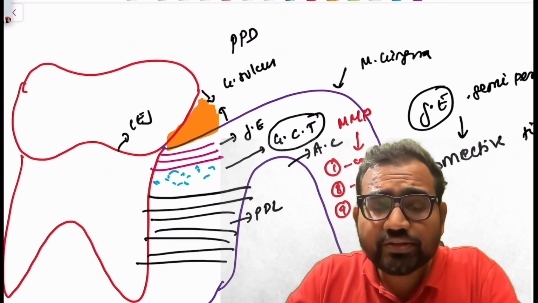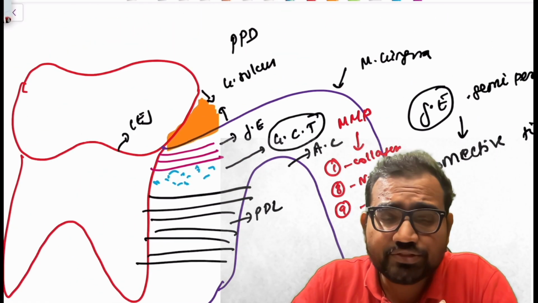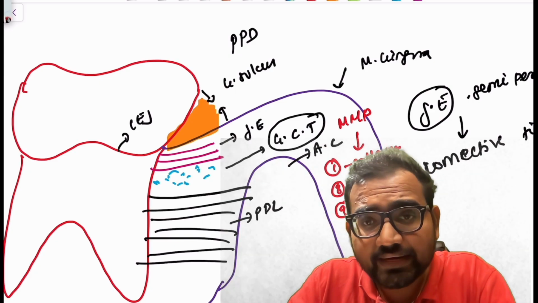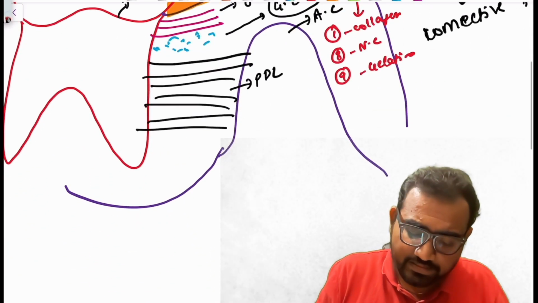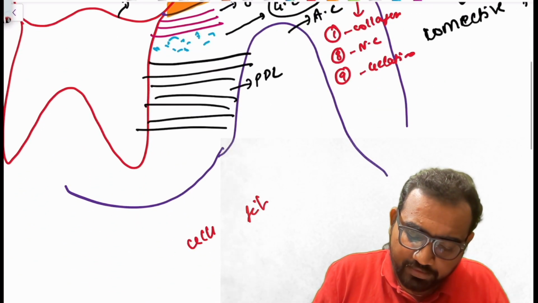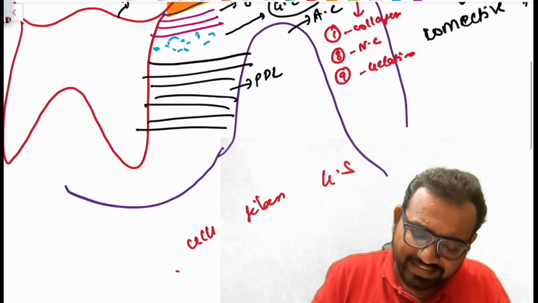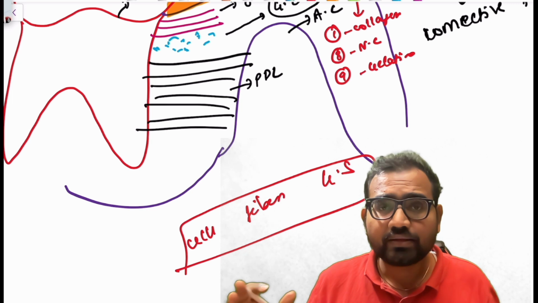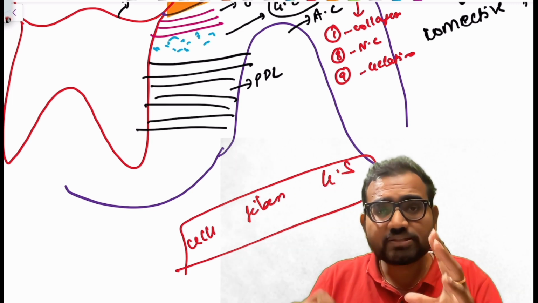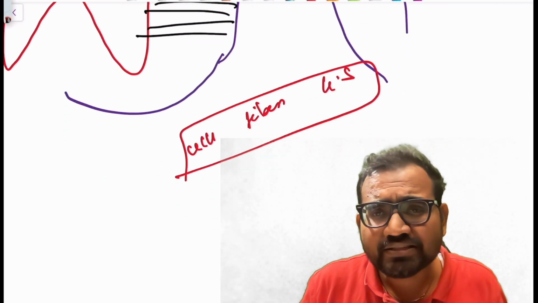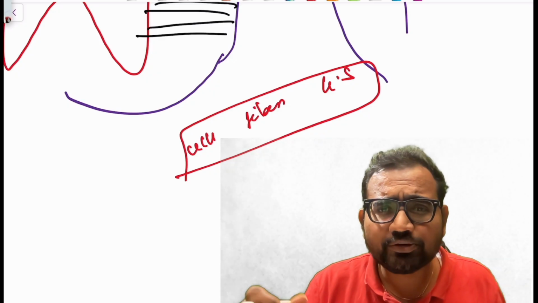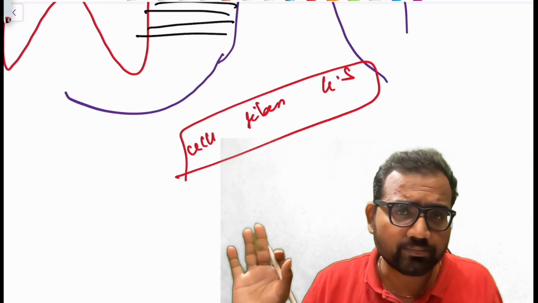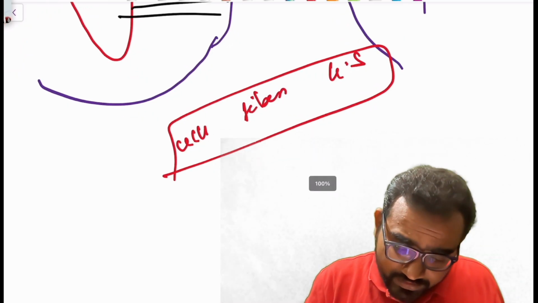Okay, so what is the connective tissue made up of? Be it gingival connective tissue or periodontal connective tissue, any connective tissue, it will have cells, fibers, and ground substances. Any connective tissue you take in the body, whatever it might be, it will have cells, fibers, and ground substances. Cells: osteoblasts, osteoclasts, cementoblasts, fibroblasts, whatever it may be. And next one is fibers.